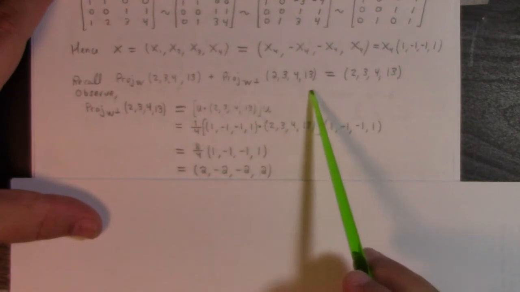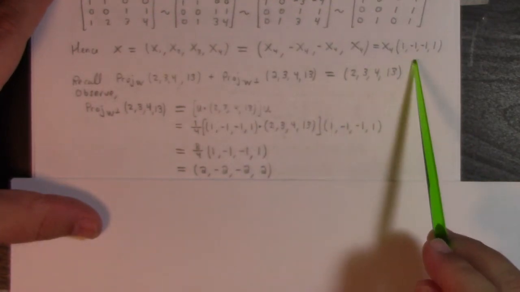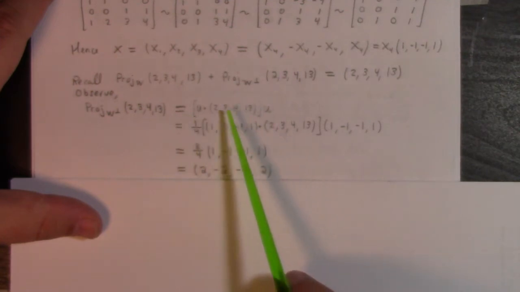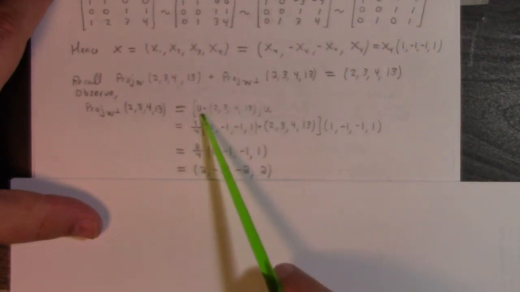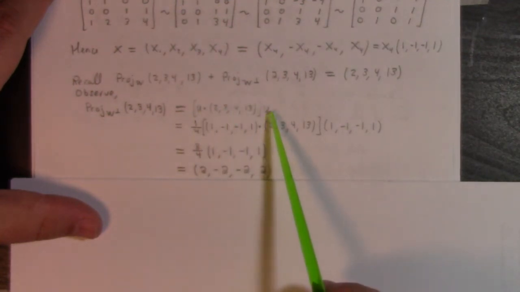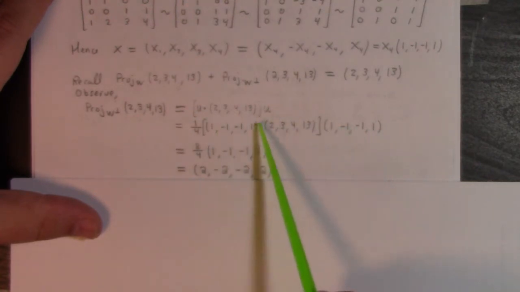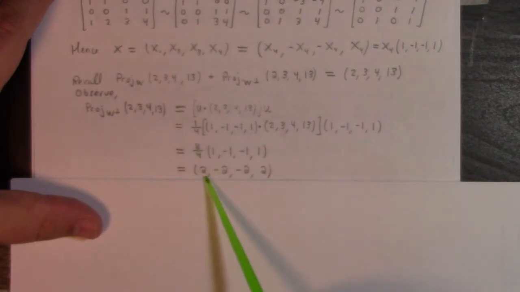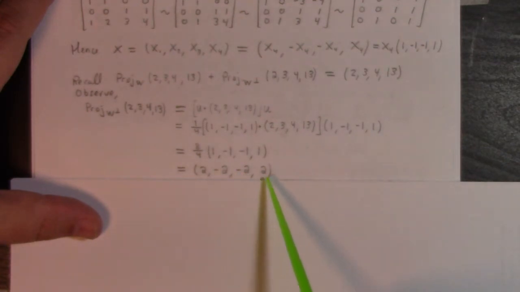This is easy to calculate because it's just that one vector. So here's the projection onto W perp, just a dot product with the unit vector, the basis for W perp, and that picks off the part of the vector (2, 3, 4, 13) which is in the W perp direction, which happens to be (2, -2, -2, 2).